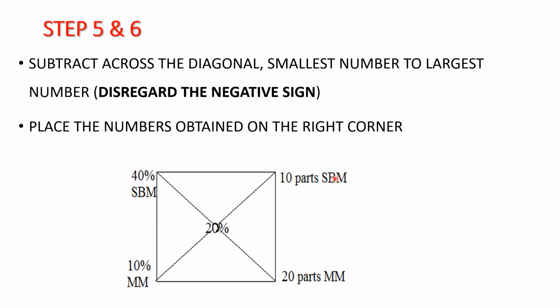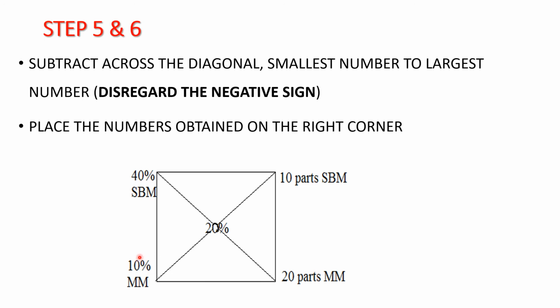And if you observe well on the diagonal, like this diagonal, you can see here we have 10% maize meal, and here is the 20% recommended crude protein which we want to mix.